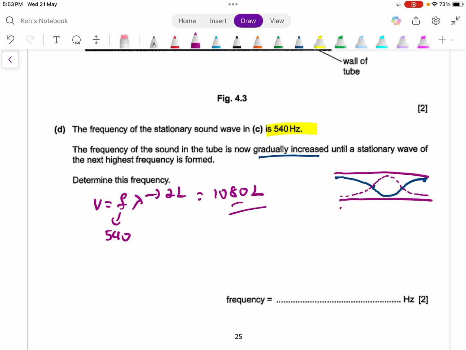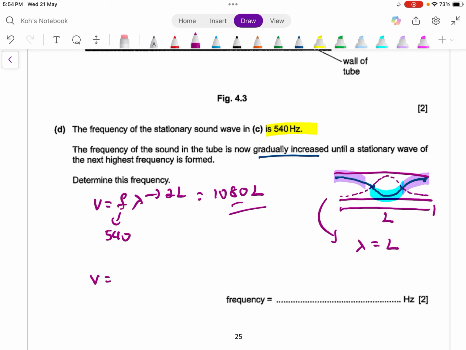By looking at this, we know that this is L because it's the same tube. Then we need to determine how many wavelengths you see in this picture. You can see this is half a wavelength, then this is 1/4, so in total it is actually 1 full wavelength. So this means that the wavelength is L. Now I want to determine the frequency.